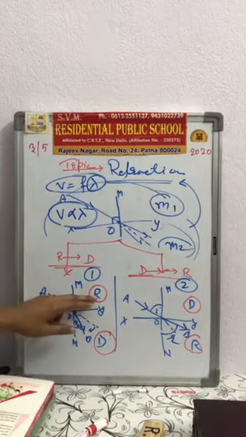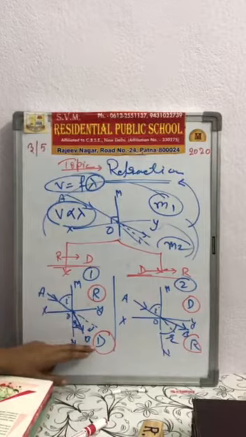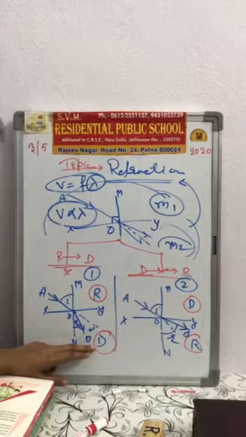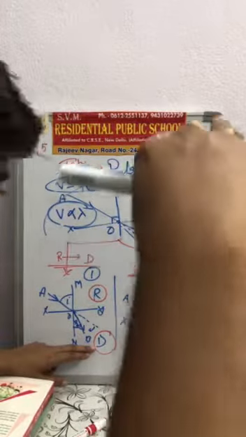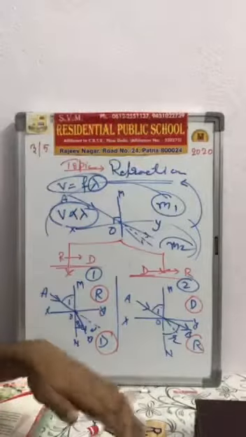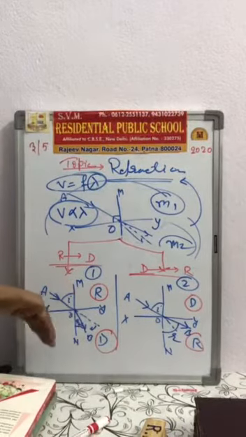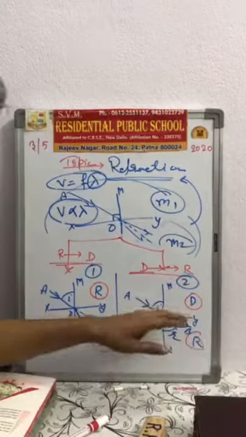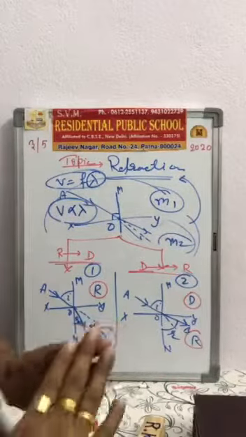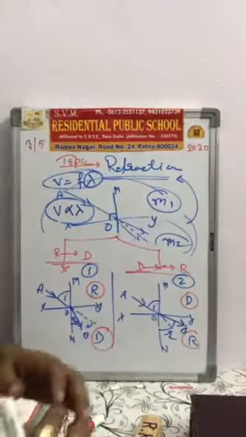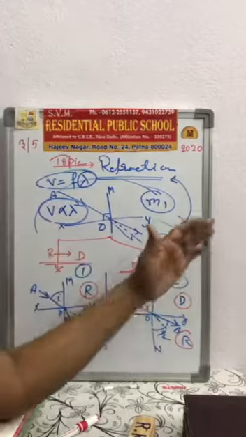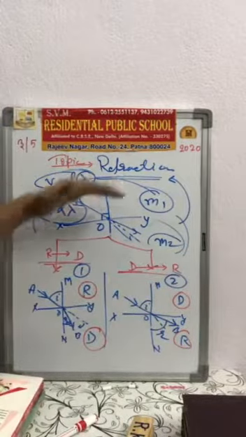So when light passes from rarer to denser, its wavelength decreases, so its speed also decreases, and light moves towards the normal. When light passes from denser to rarer, its wavelength increases, so its velocity increases and it moves away from the normal. So refraction has two conditions.